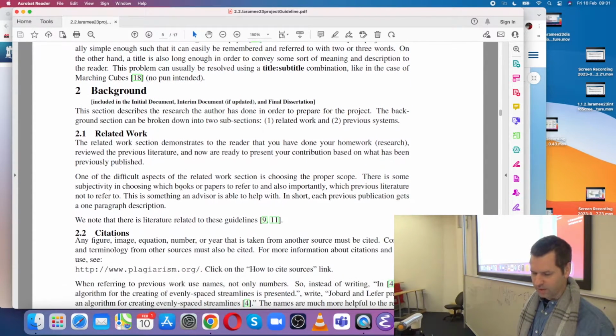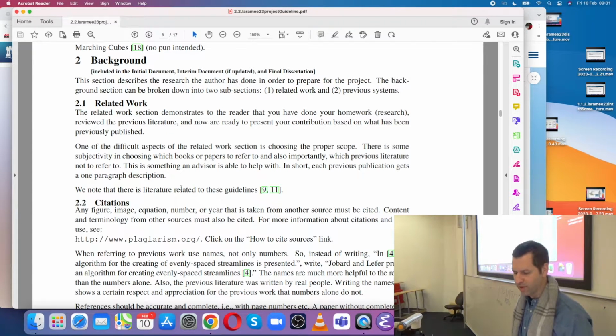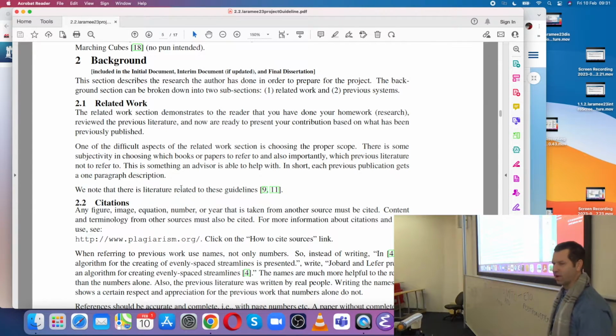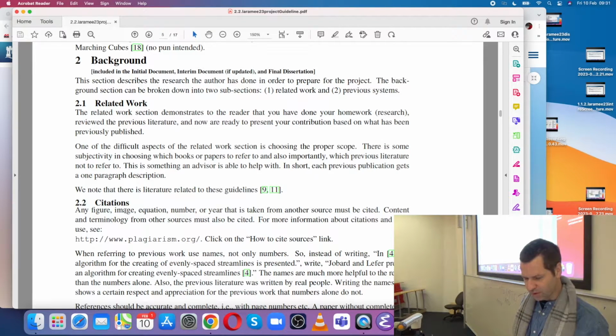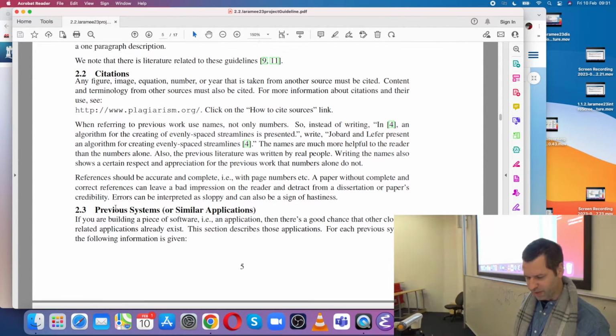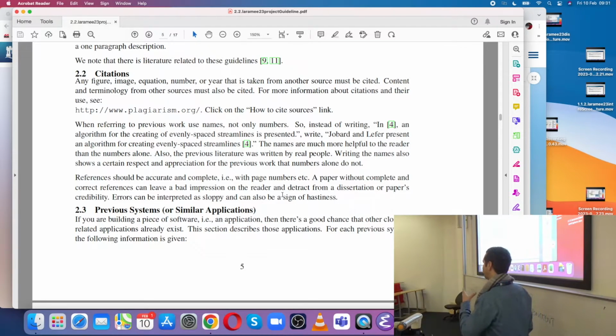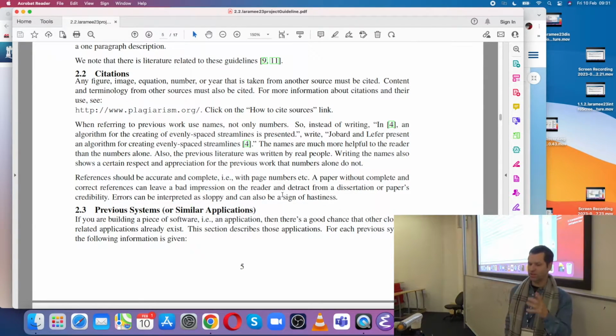This is how to organize your background section. So your background section consists of the related work, right? The related research papers there. And then it also has previous systems or similar applications, right? Is there existing software out there that is similar or related to what you're working on?